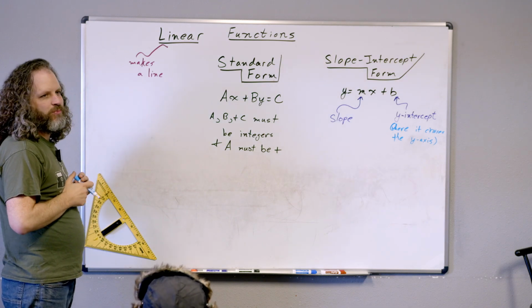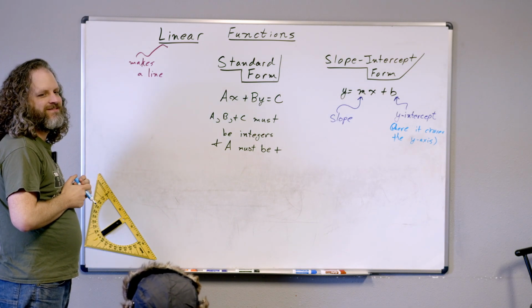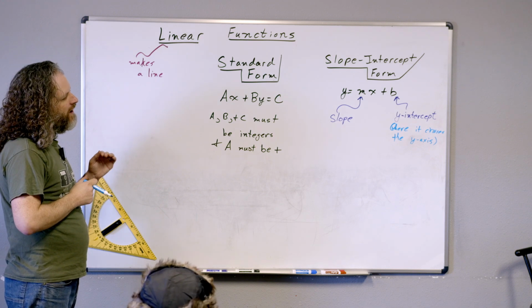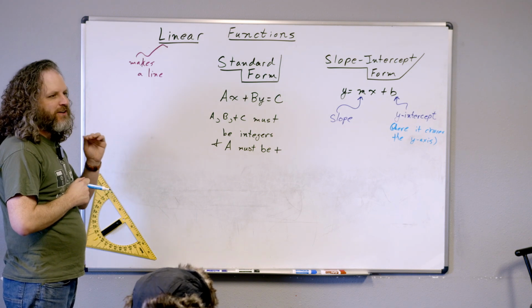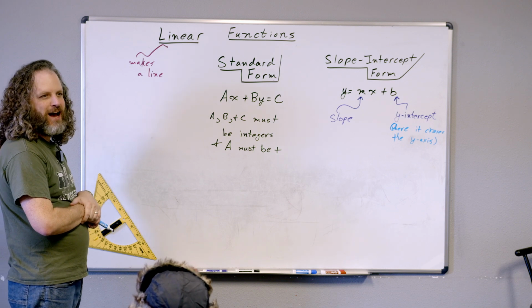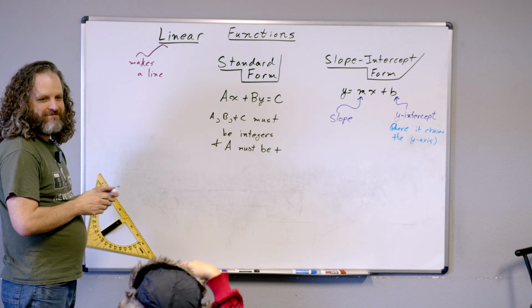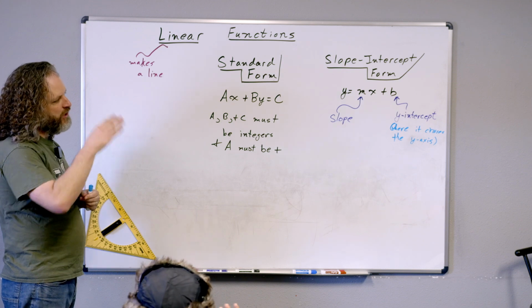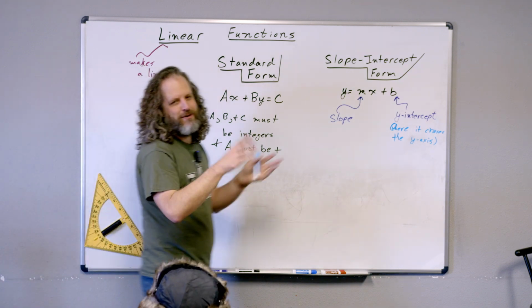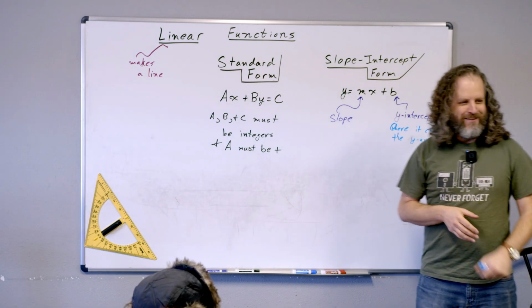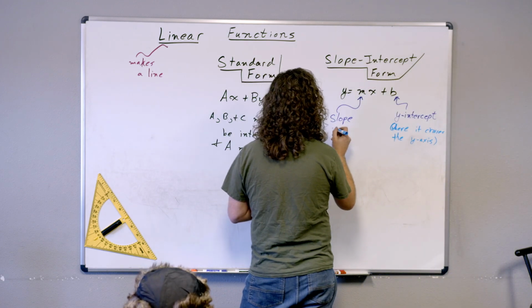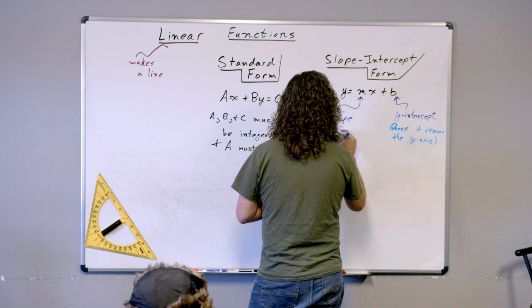What is the slope? Where else have you heard the word slope out in the world? Oh, it's like the slide slope. Yeah, slide slope, the slope of the mountain, right? I know we don't have any of those anywhere near here, but right? So the slope is how steep it is, right?